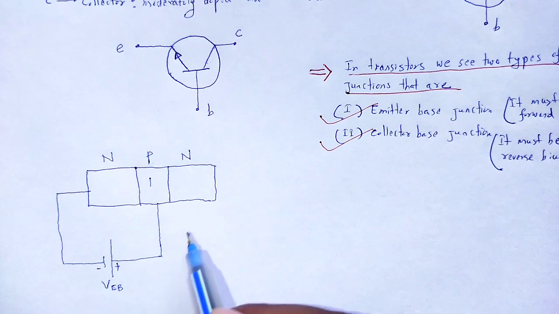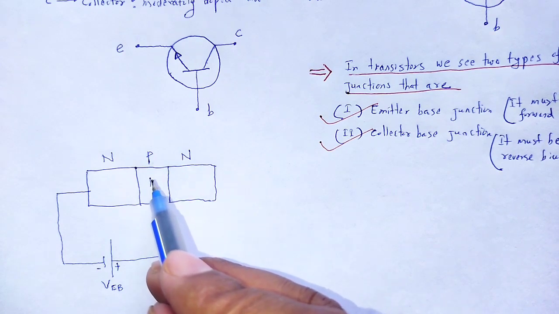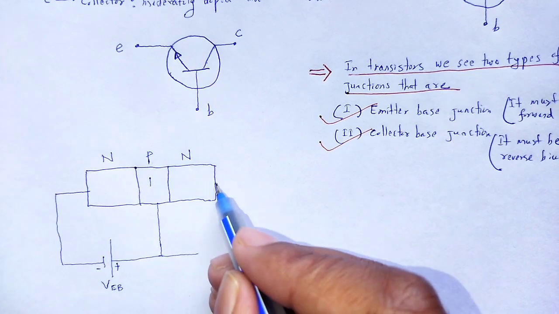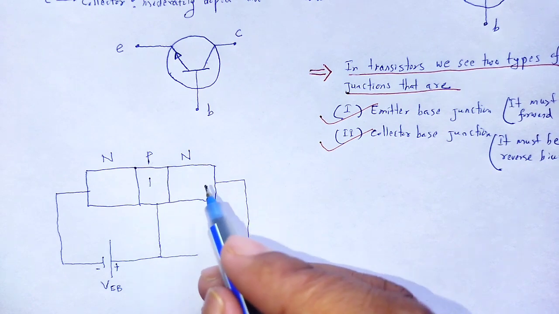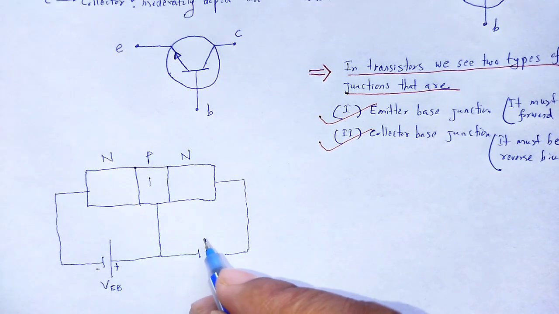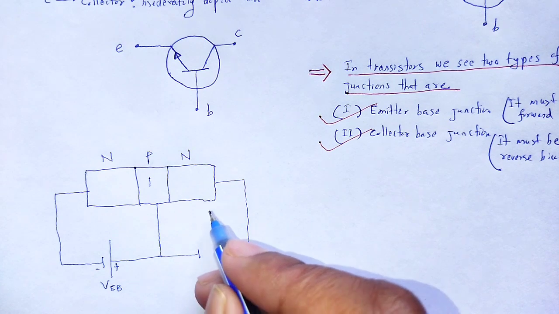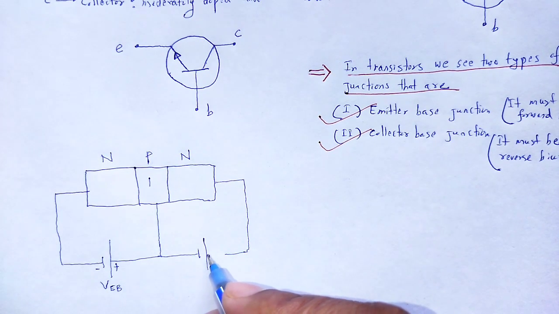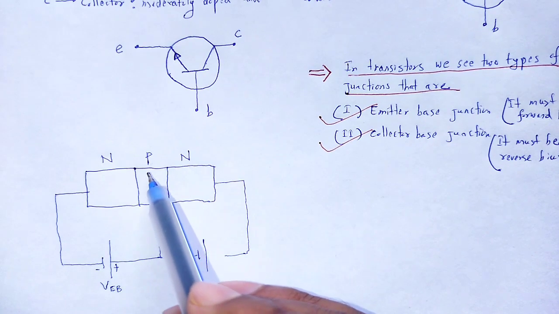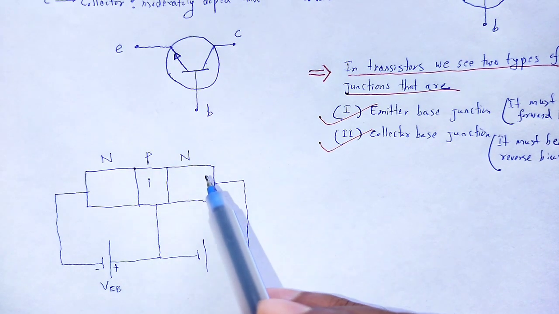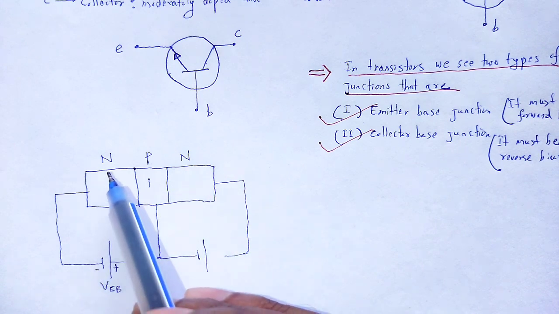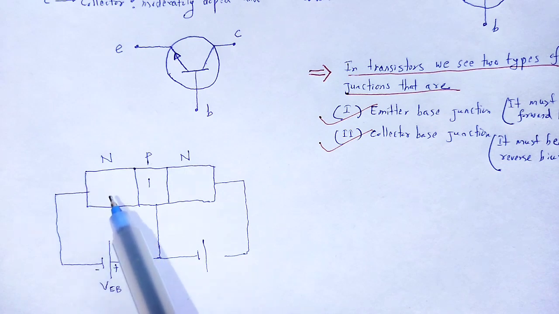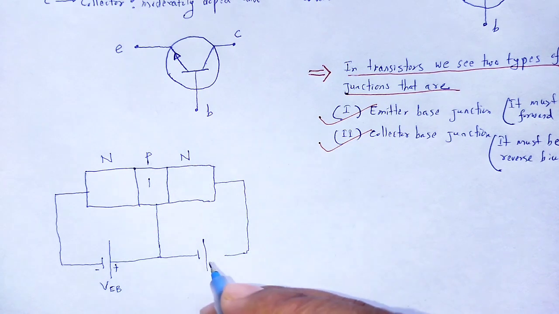Then the other junction, the collector base junction, is reverse biased. P type is connected to the negative terminal, N type is connected to the positive terminal, and the voltage of the collector base junction is much more than the voltage of the emitter base junction, in order to flow the current throughout the transistor.